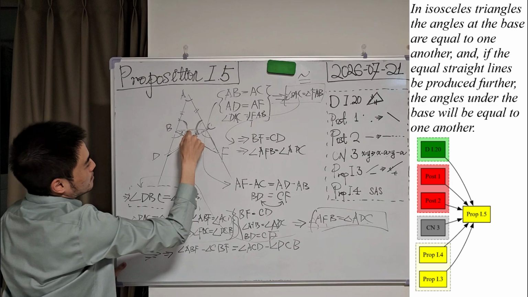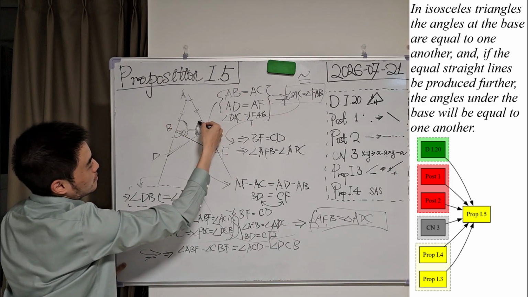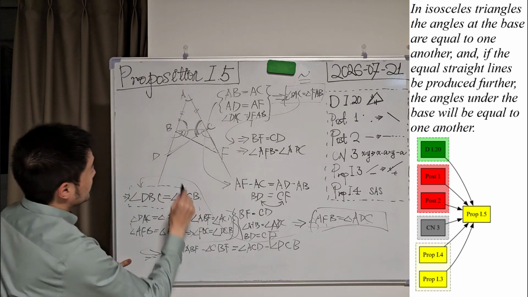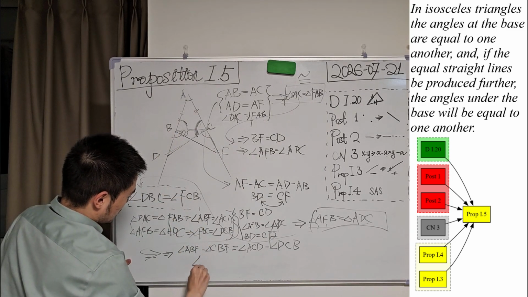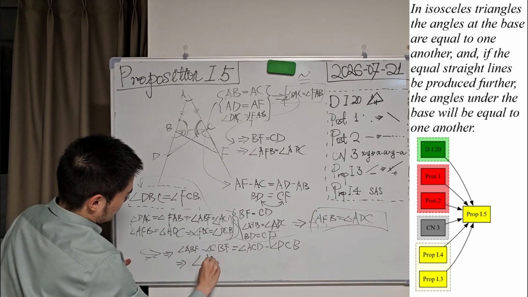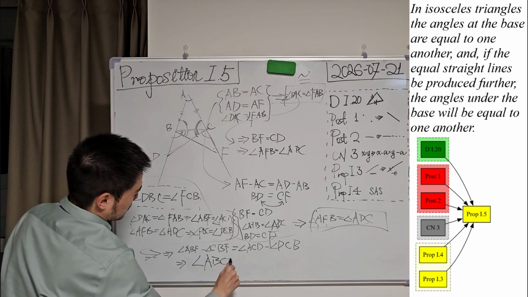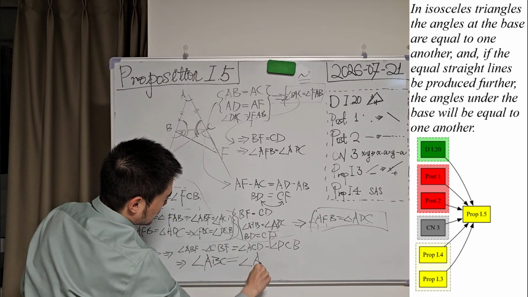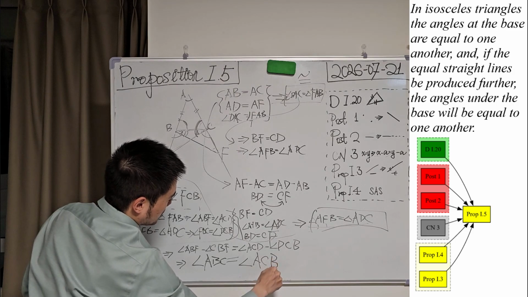Okay, so which means this angle minus this is equal to this angle minus this smaller one. So we have angle ABC is equal to angle ACB.